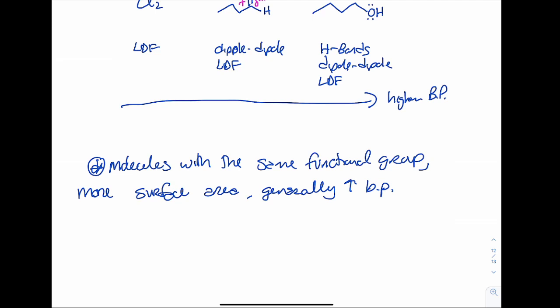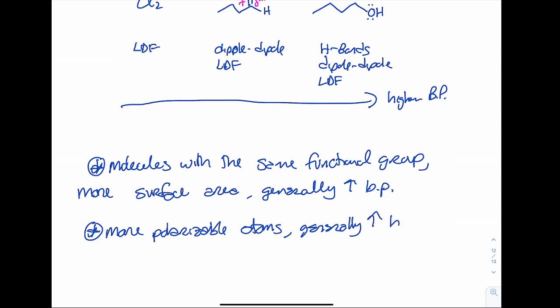We could also say more polarizable atoms generally means a higher boiling point. Remember, polarizable, we talked about this briefly in a previous video. It means that it has a lot of electrons, it's big, right?